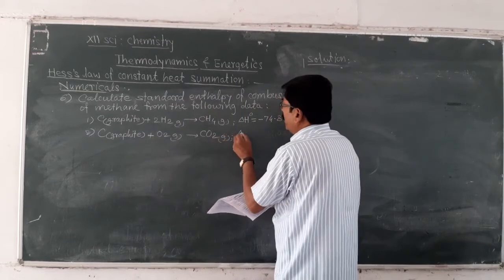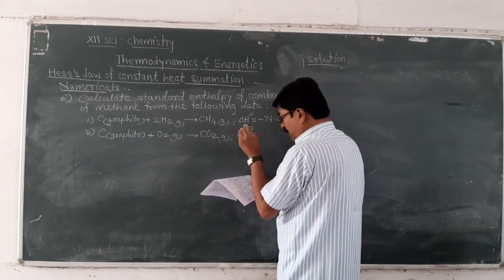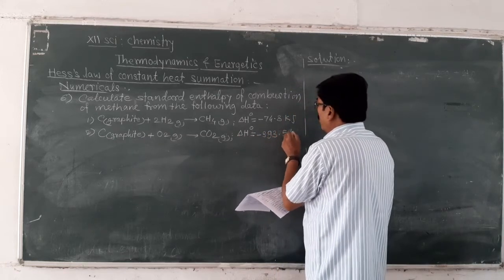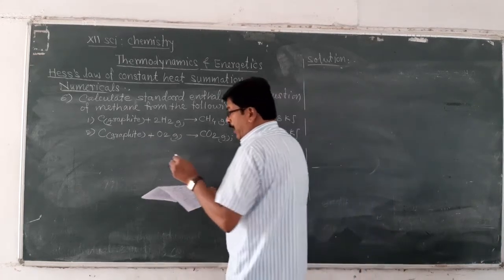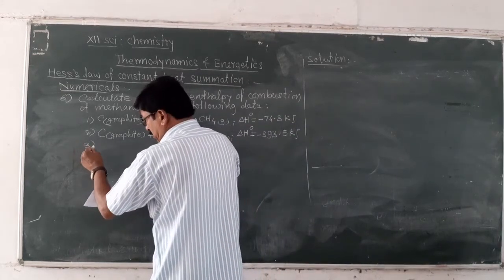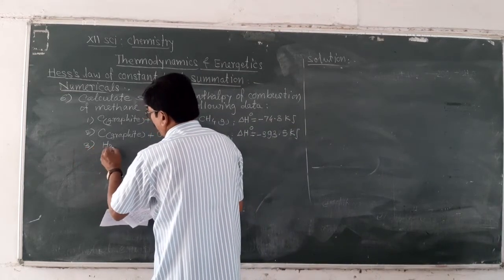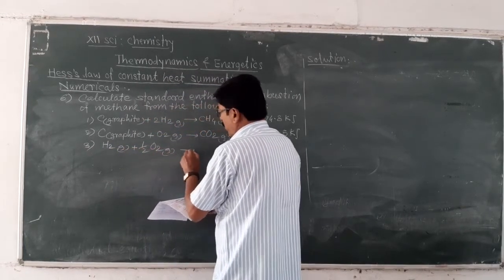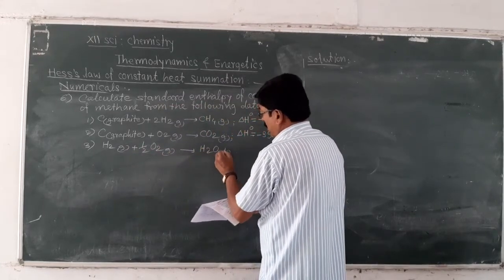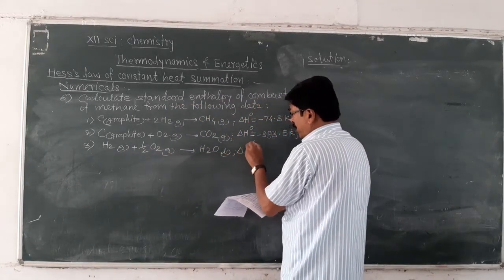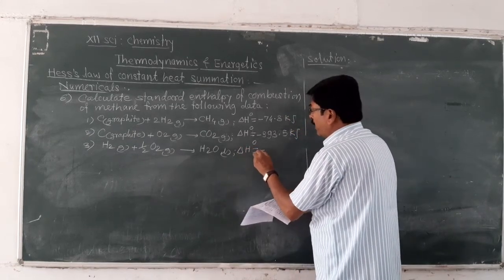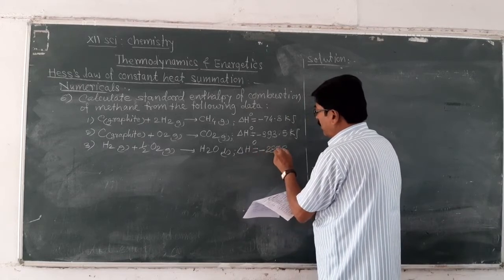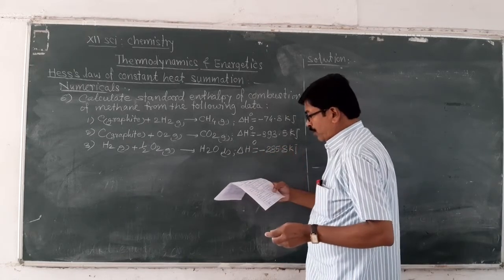And the enthalpy of this reaction, delta H naught, is minus 393.5 kilojoule. And finally, third equation, H2 gas plus 1 by 2 of O2 gas to give H2O liquid. And the enthalpy of this reaction, delta H naught, is minus 285.8 kilojoule.